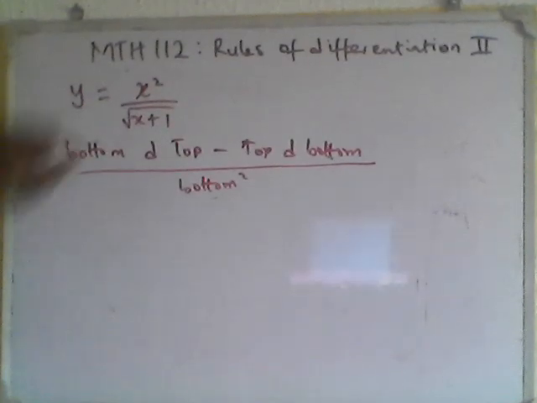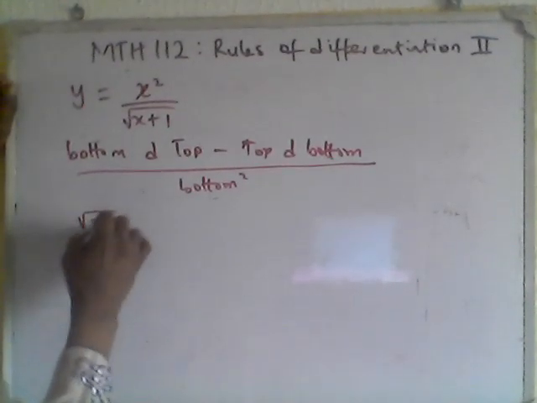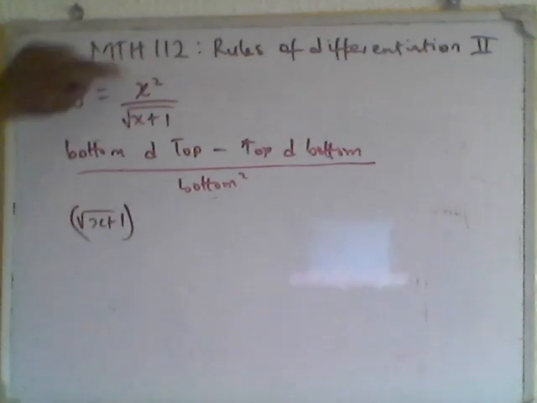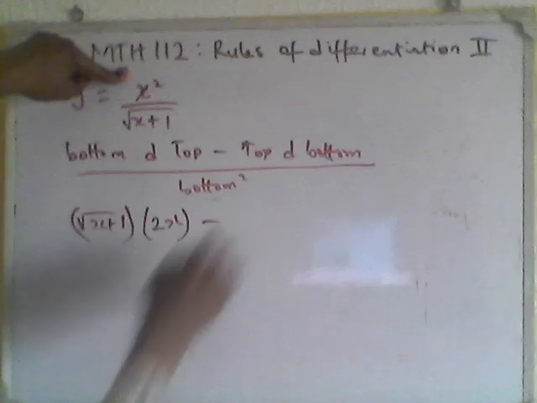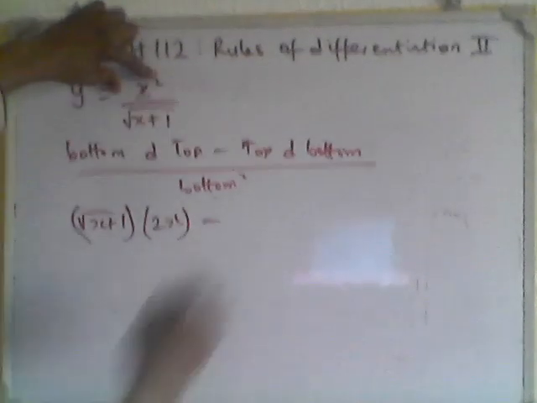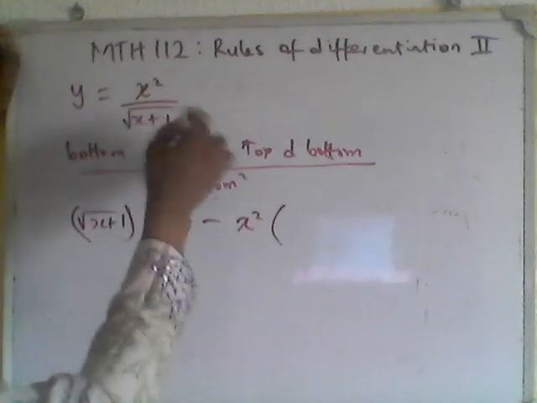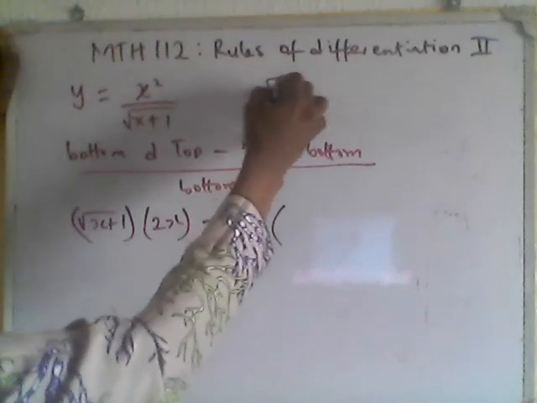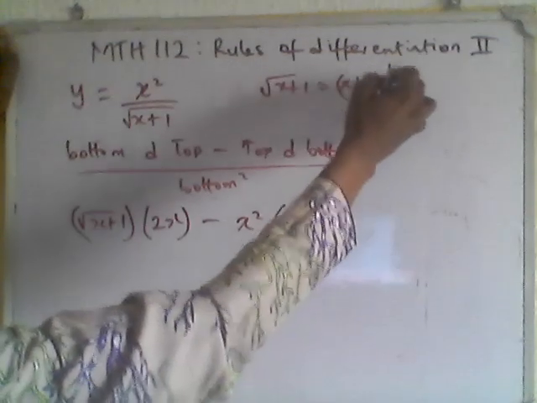Okay, so bottom is this one, right? So I write the bottom like this. Bottom, then d top, differentiate this top: 2x, right? Minus, then top, again, d bottom, differentiate this one. Remember, this one is the same thing as x plus 1 all to the power 1 over 2, right?